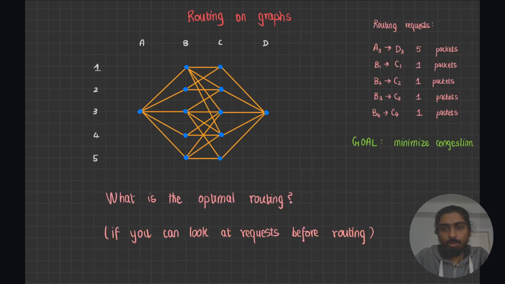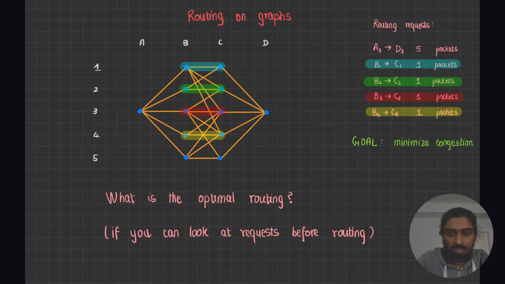Now, suppose you are allowed to look at all the requests before you route. Then what would the optimal routing be? This is what you call the offline setting, where the requests don't come in one by one, but you can see all of them and then route. So for this particular set of requests, what you would do is send the single packet each directly across the single edge connecting them.